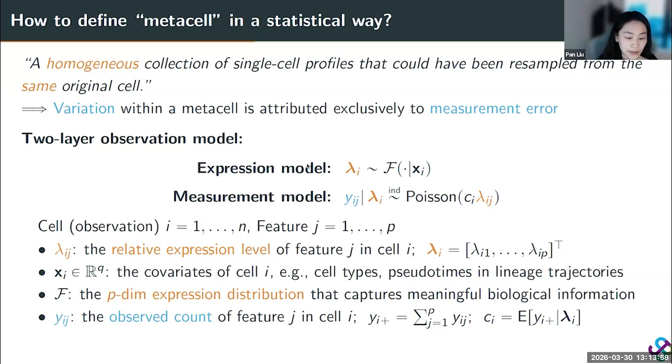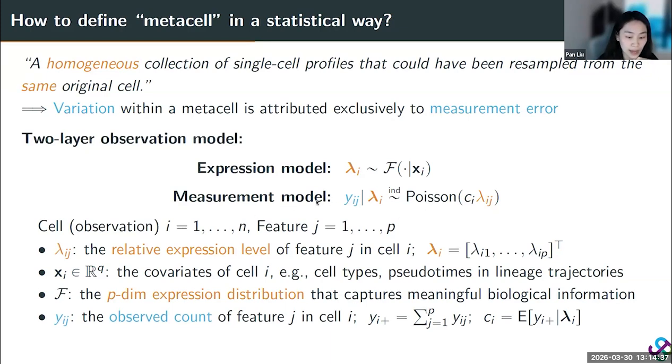In this expression layer, the expression of these p genes are assumed to jointly follow some distribution about the biological states of the cells, represented by x_i here. I also want to point out that lambda represents the relative expression level, with its components summing up to 1. We focus on this relative expression instead of the absolute expression because we believe single cell sequencing can only provide meaningful information about the relative abundance instead of the absolute abundance.